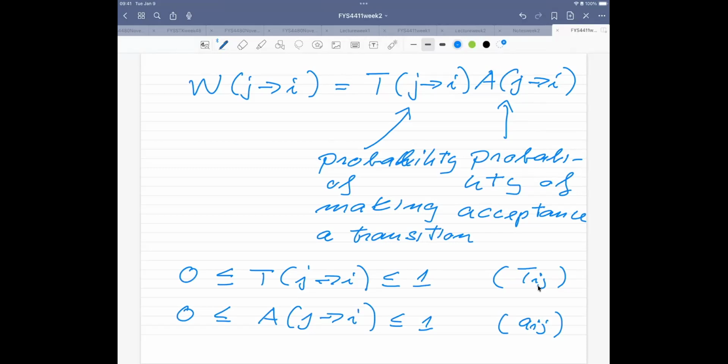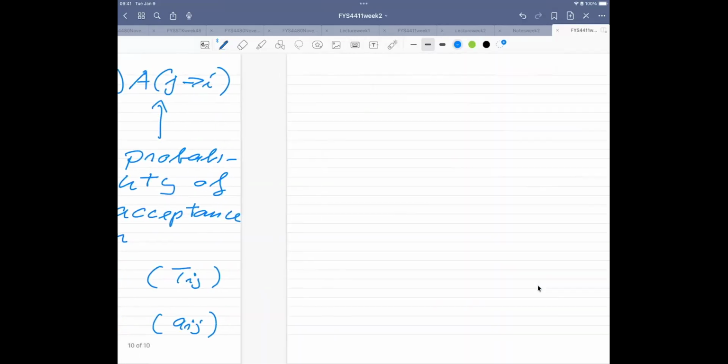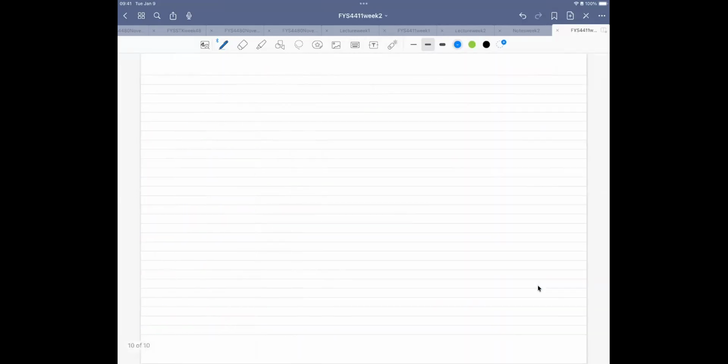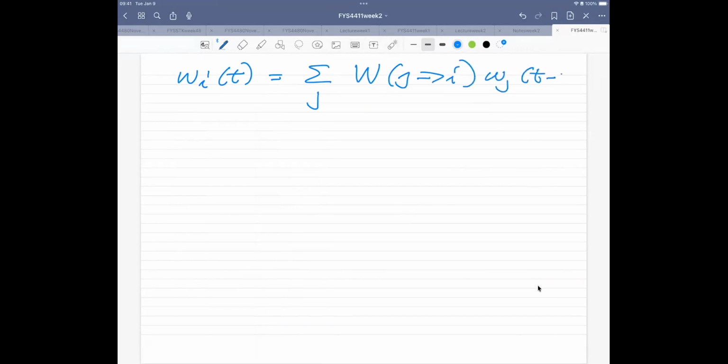Now, what I'm going to do is to rewrite the Markov chain. So I have W_i of t. This is my Markov chain. So j, and then W_j going to i, and W_j at a time t minus 1. What I'm going to do now is just to manipulate this expression with these terms, and I'm going to rewrite this in terms of two terms.